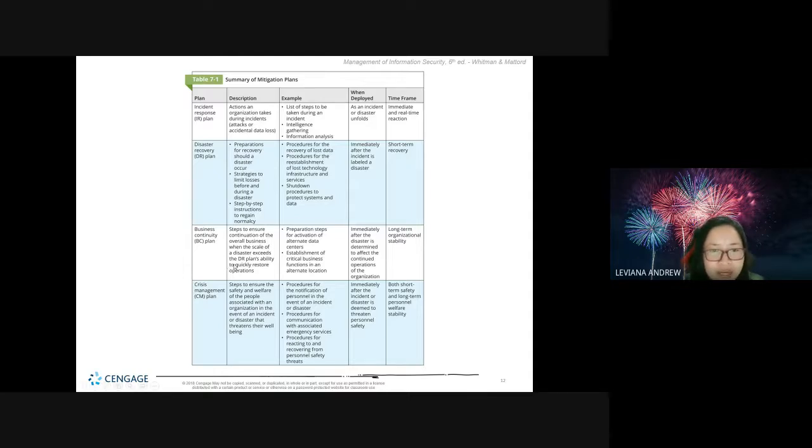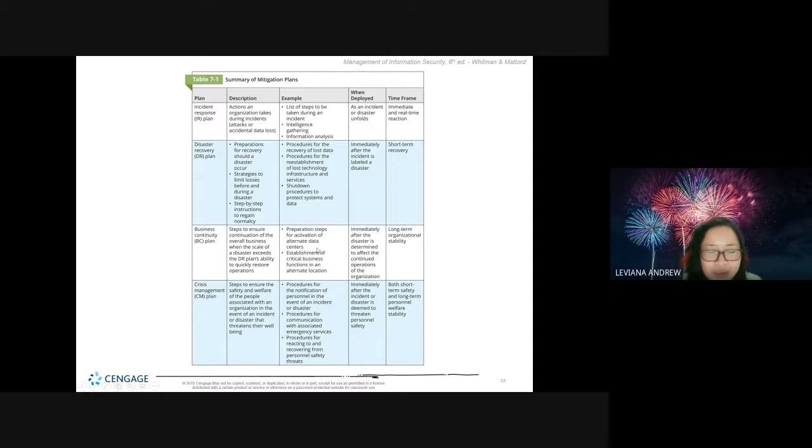Business continuity plan are the steps to ensure the continuation of overall business when the scale of a disaster exceeds the disaster recovery plan's ability to quickly restore the operations. For example, the preparation steps for activation of alternate data centers, establishment of critical business functions in alternate location. For example, there's a fire, therefore you have to have a backup center.